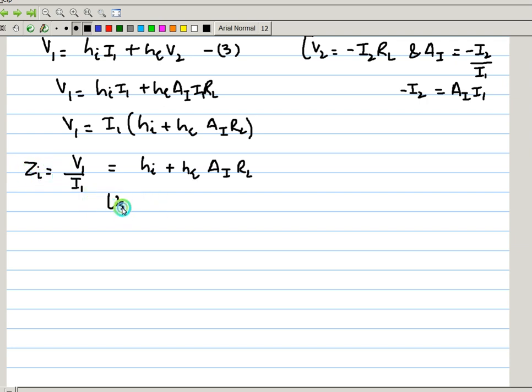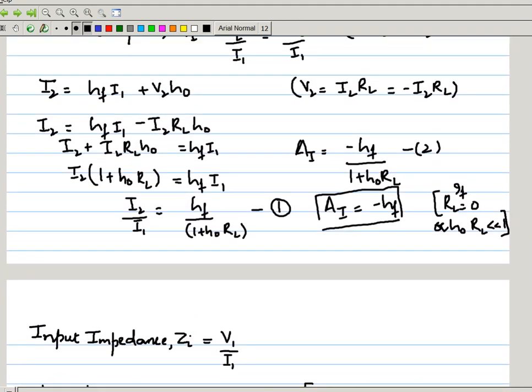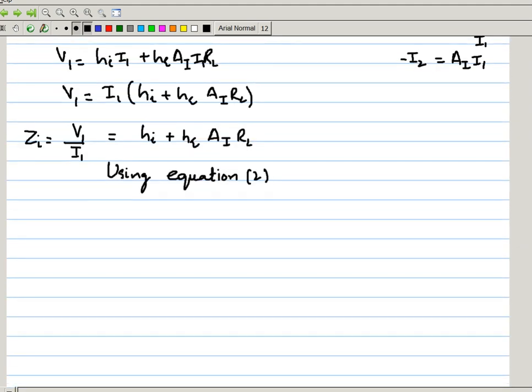So using the formula from equation 2, which says that Ai is equivalent to minus hf upon 1 plus ho into RL, you will write Zi is equal to hi plus hr into minus hf RL upon 1 plus ho into RL.